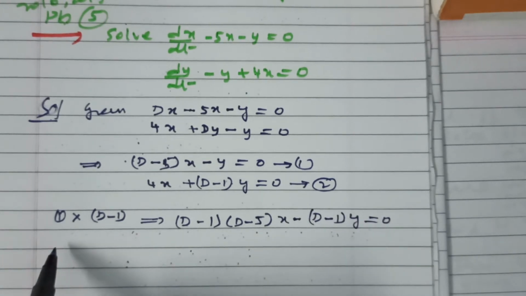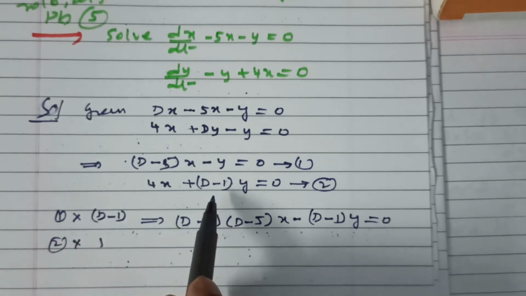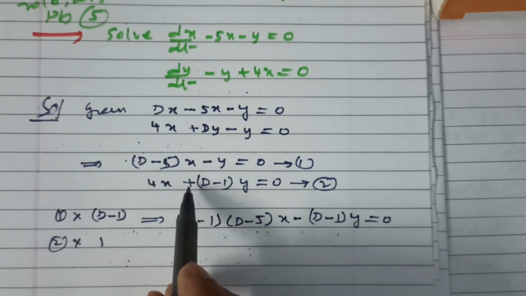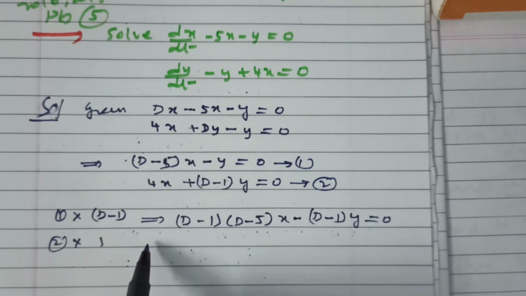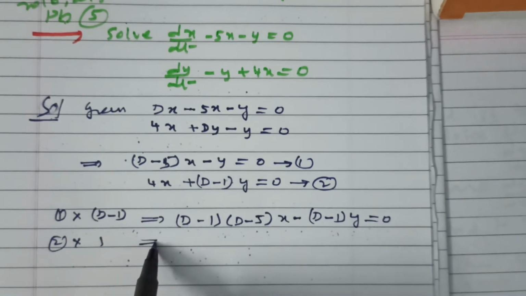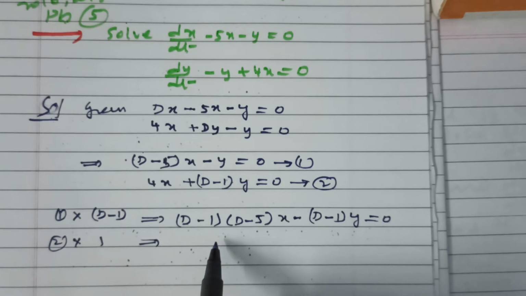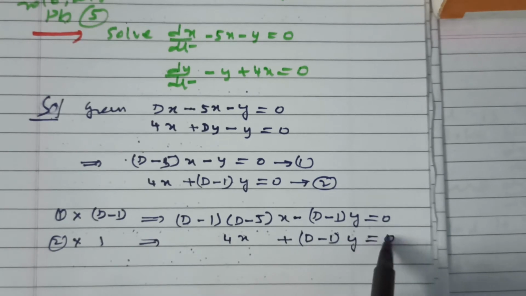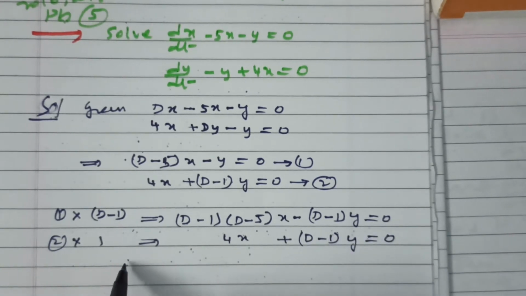The second equation can be multiplied by 1 because D minus 1 is here and 1 is here; signs to be opposite signs. Anyhow, multiplying by 1 it is 4x plus (D minus 1) into y is equal to 0. As the same signs are there for y, we have to add.